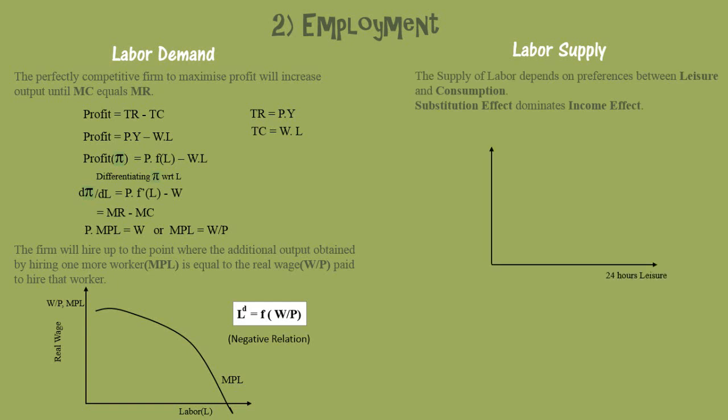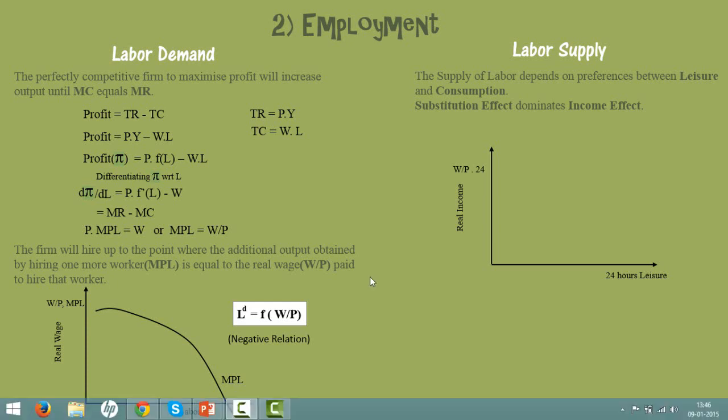So let us take the hours of leisure, maximum of course 24, on the horizontal axis, and real income on the vertical axis. This real income is the real wage multiplied by the total number of hours that he's working. Suppose the total number of hours is 24, and the number of hours that he's actually working is 24 minus the number of hours of leisure that he chooses.